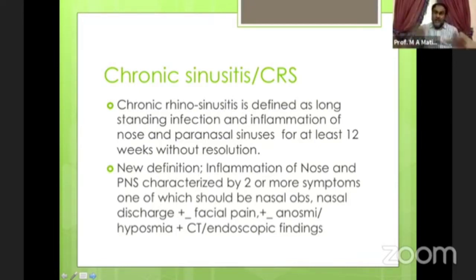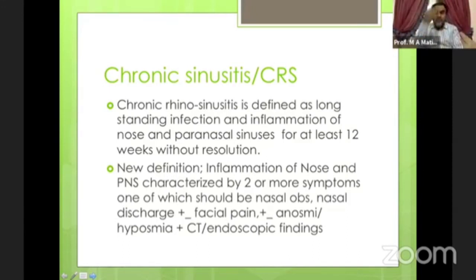If chronic, the same things, but for a long time, 12 weeks or more. So that is very simple. These are the symptoms of sinus infection. Never forget 3 important symptoms: one is nasal blockage, another is nasal discharge, another is disturbance of smell, associated with some facial pain and headache. Now, how to define that this is maxillary sinusitis?